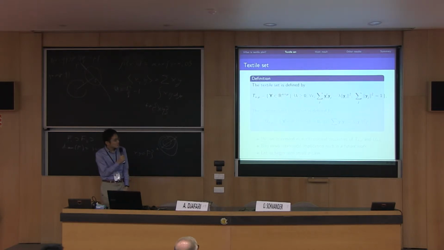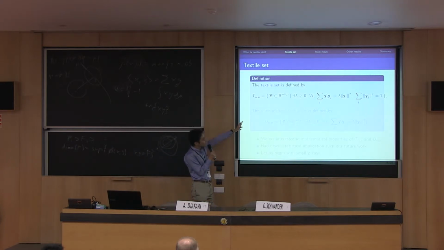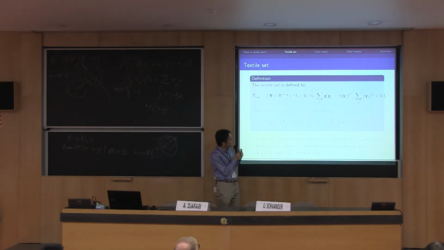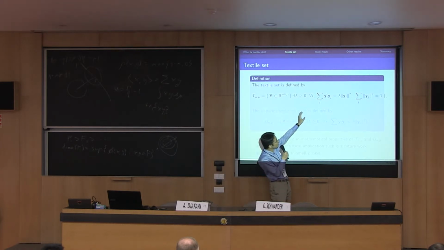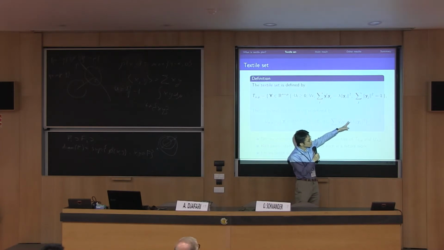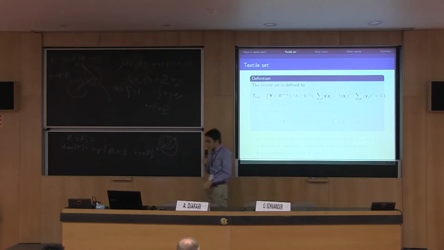The textile set is defined by the set of matrices of n by p such that there exists lambda such that for any i, this equation is satisfied, and the normalizing condition is also satisfied.